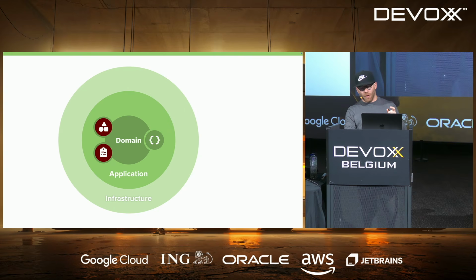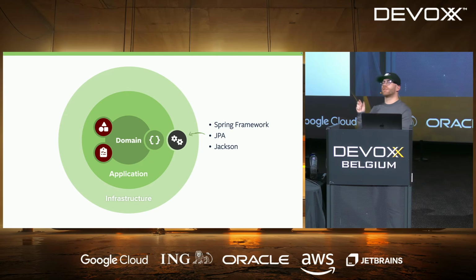So what happens at the border of the application ring is that there's usually some kind of translation, which then involves some kind of technical library to do the translation, right?